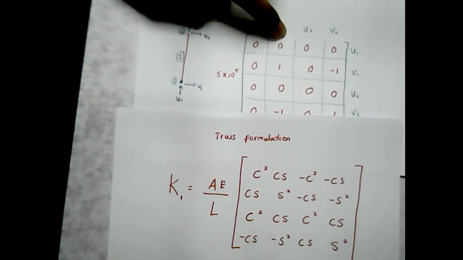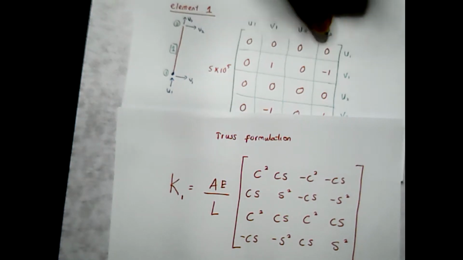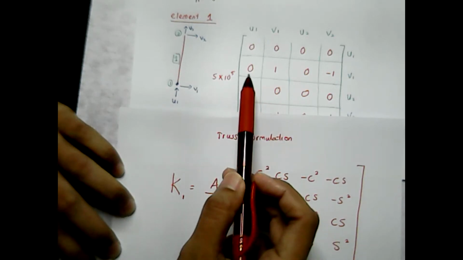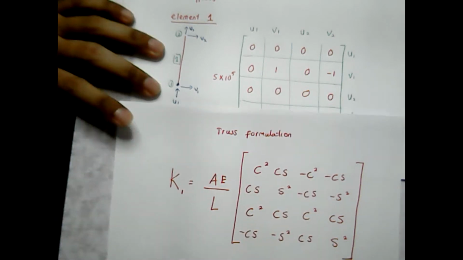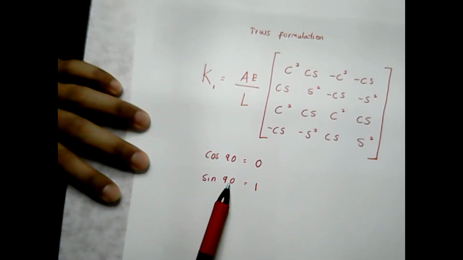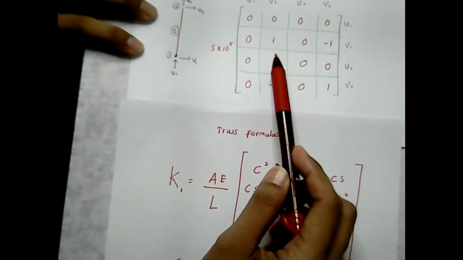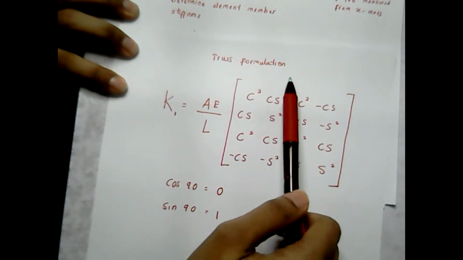And then this one also 0, this one also 0, here also 0, and here is 0 as well because you have cosine. And here you get 1. Why do you get 1? Because you get sine 90, which is 1, therefore you get 1. And similarly it goes to the rest of the matrix, which fulfils these equations.